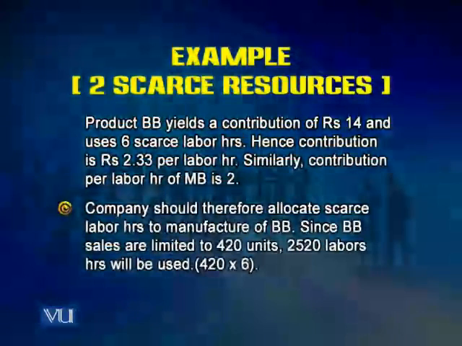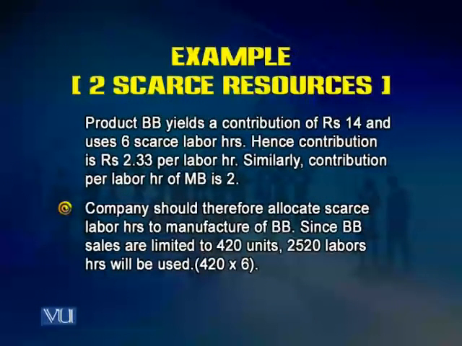So with a contribution of 14 per unit and each unit requiring 6 hours for BB, 14 divided by 6 gives 2.33 contribution per labor hour. Whereas for the MB, where 8 hours are required and contribution is 16, 16 divided by 8 gives 2 rupees contribution per labor hour for the MB.